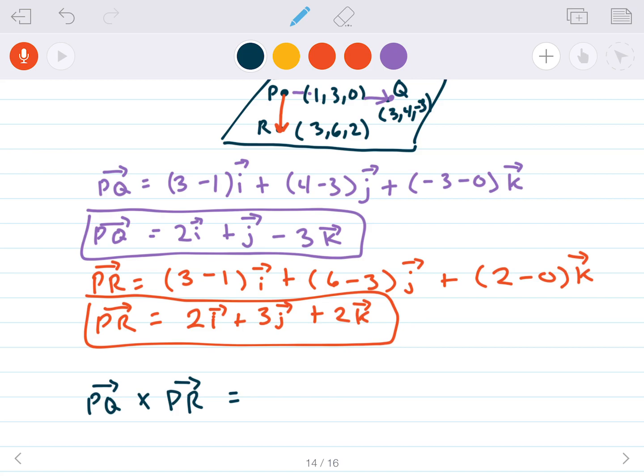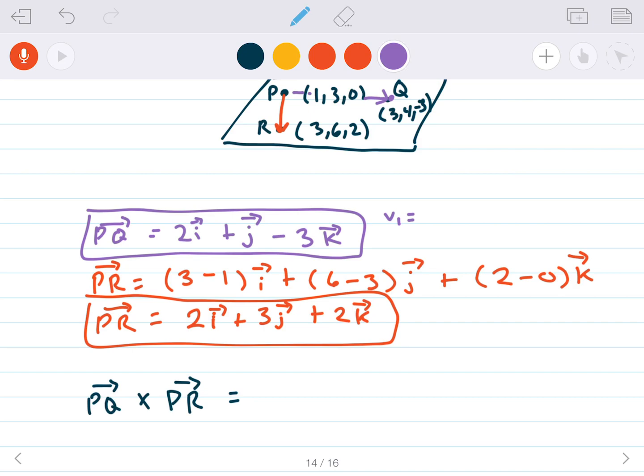So again, for the cross product, what you can do if you want to is say, okay, PQ is going to be our V. Maybe I'll erase some of this just to make it a little bit neater. We need our V1s, V2s, V3s, etc. So we have V1, V2, V3.